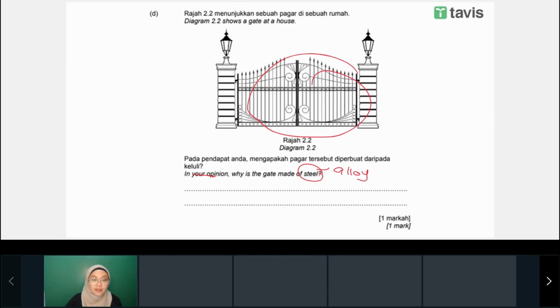You know alloy is resistant toward corrosion. So you only have to write: because steel is an alloy and resists corrosion. Then you are going to get a full mark here.